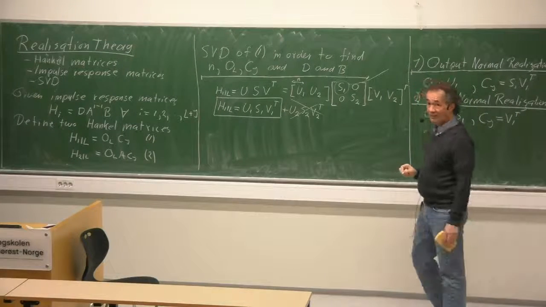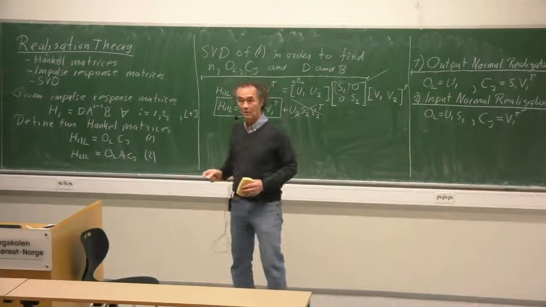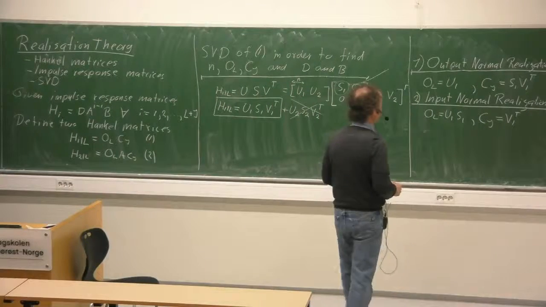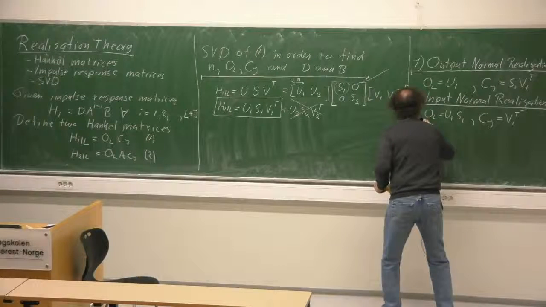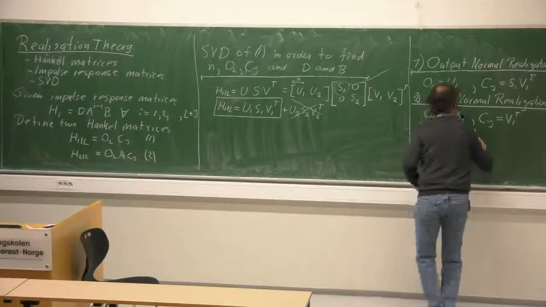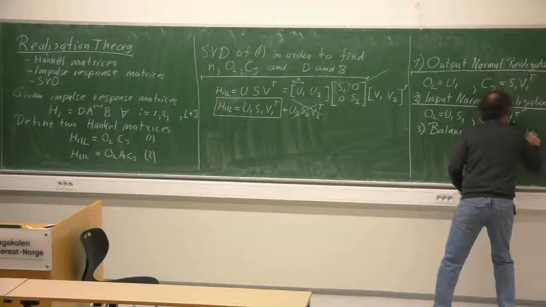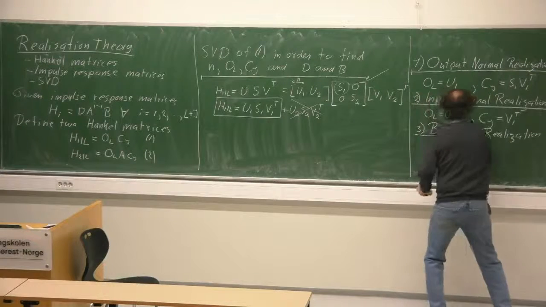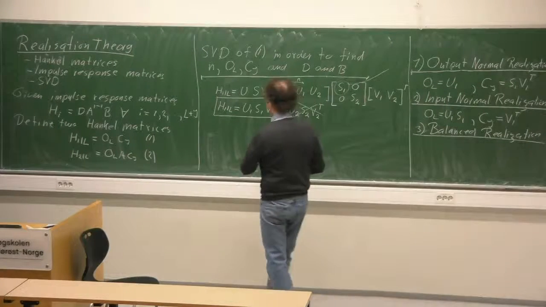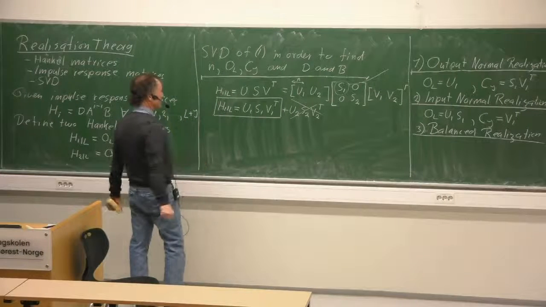We have a third realization known in the literature, called balanced realization. This means that the singular values are balanced into both the observability matrix and the controllability matrix.